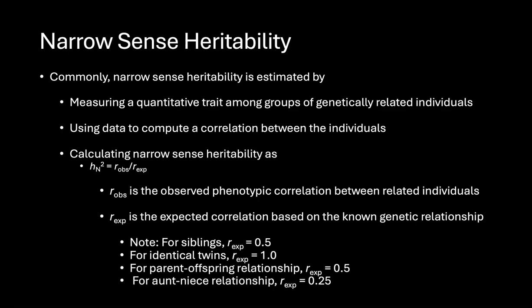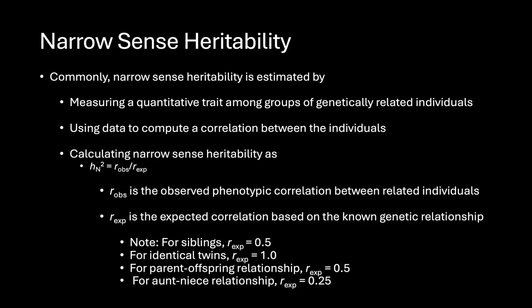Some examples of expected values will be 0.5 for siblings, since they on average share 50% of their DNA. Identical twins share 100% of their DNA, so we would expect a trait controlled by genetics to have a correlation value of 1.